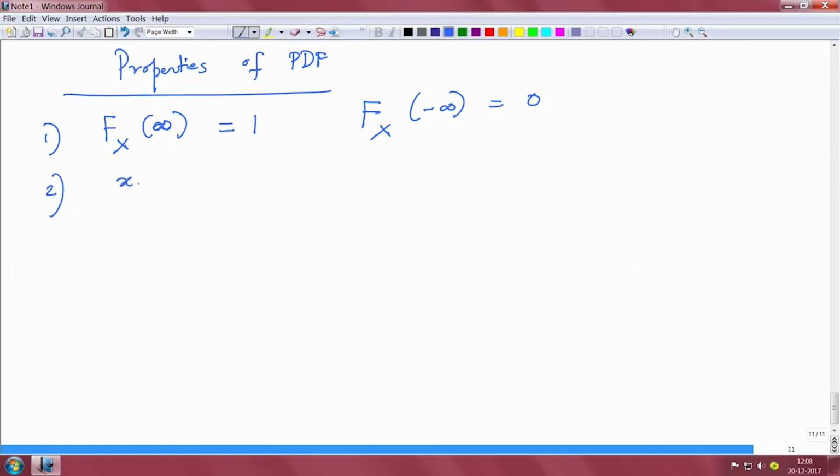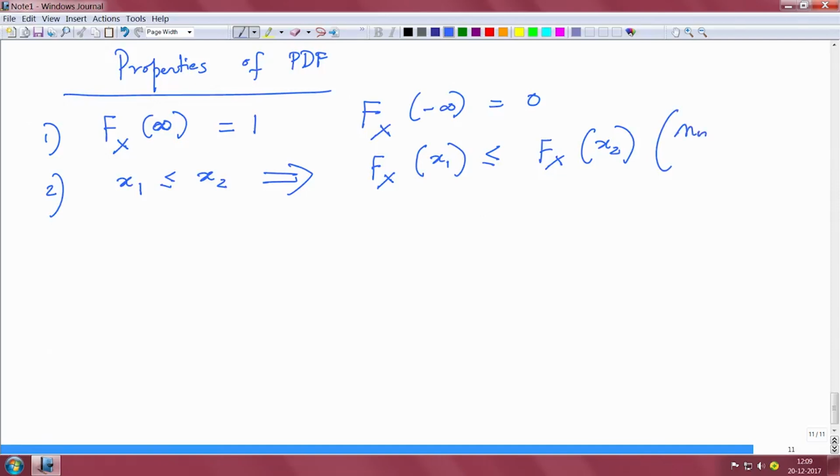If I consider two quantities small x1 less than or equal to small x2, this implies that the probability distribution function evaluated at small x1 is less than or equal to the probability distribution function evaluated at small x2, right. This is basically the non-decreasing property of the cumulative distribution function or the probability distribution function.